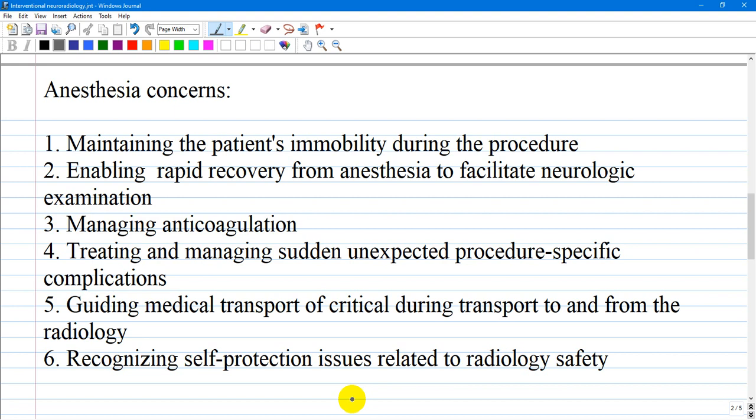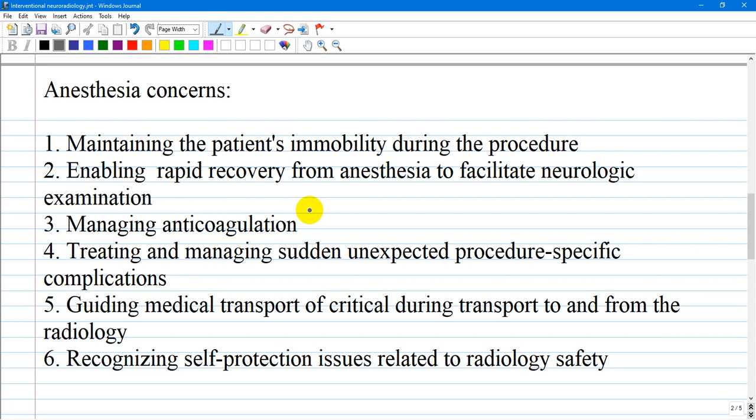The anesthetic concerns of particular importance for interventional neuroradiology procedures are, first, maintaining patient immobility during the procedure to facilitate imaging and to prevent intervention-related complications. To maintain immobility, the patient often is set up for general anesthesia with intubation and muscle relaxation.